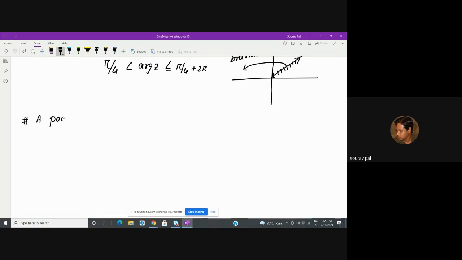A point which is common to all branch cuts is called a branch point.